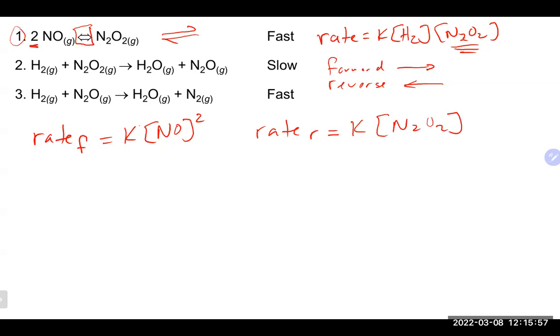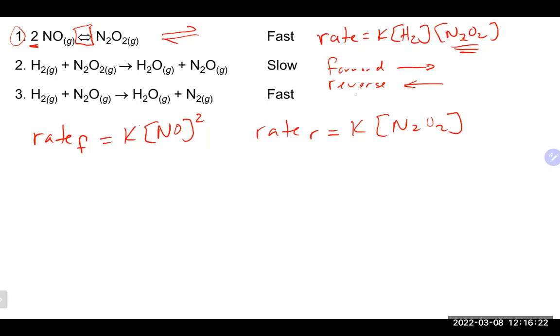We're going to talk about this in the next chapter, but when you have a reversible reaction and it reaches what is referred to as chemical equilibrium, that means that the rate of the forward direction will equal the rate of the reverse direction. So that is what chemical equilibrium means. And sometimes the mechanism problems, they'll go like fast equilibrium and put that next to it or something like that.